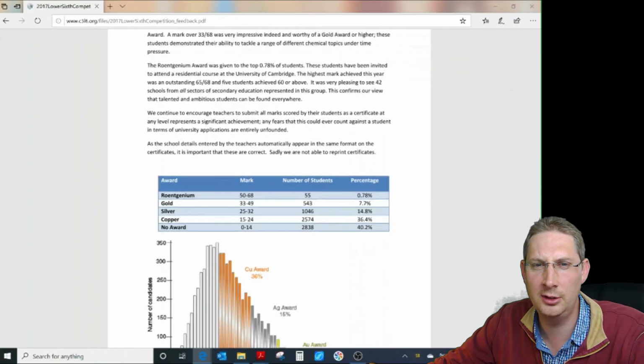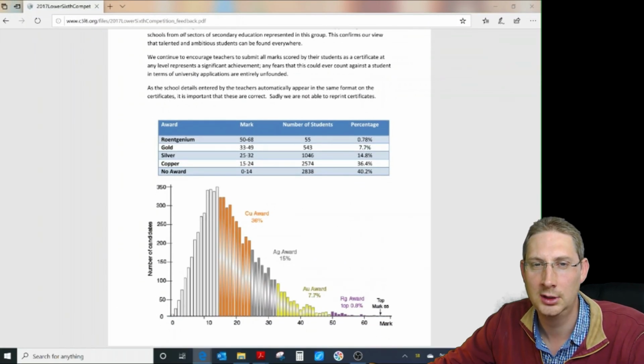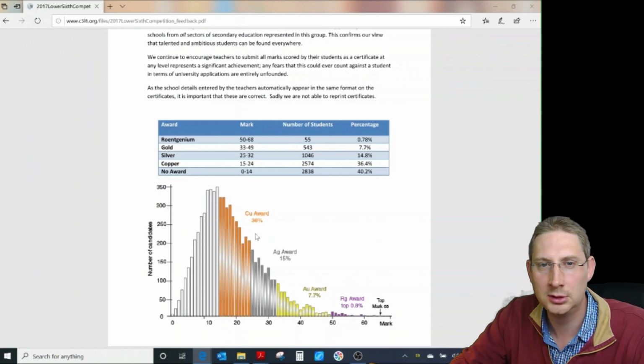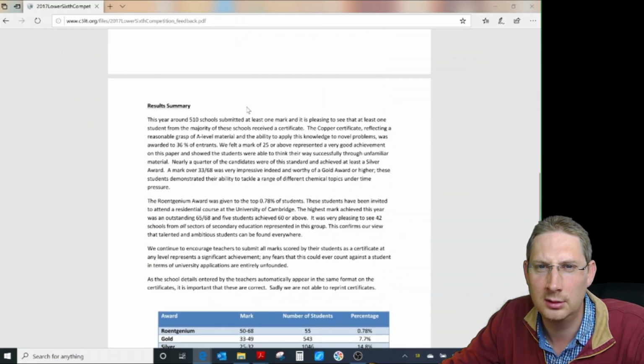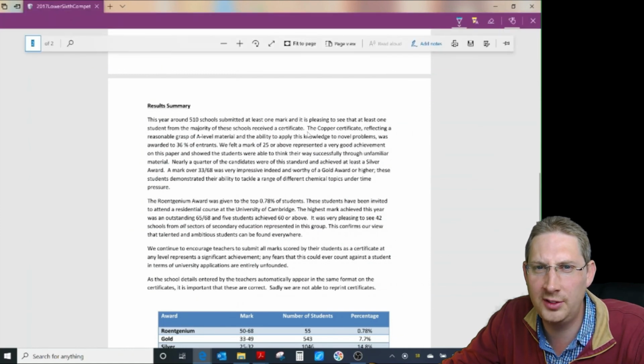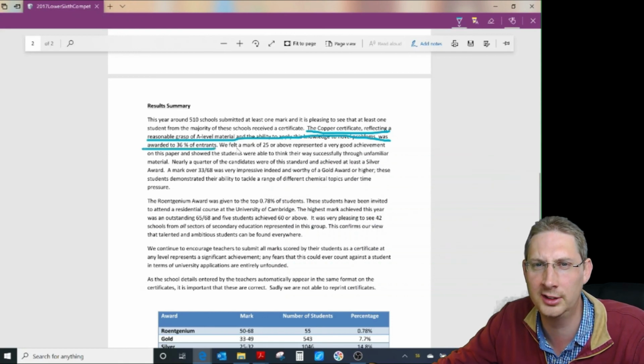Okay, here we go. So if we have a look here, this was the breakdown. It says a copper certificate, reflecting a reasonable grasp of A-level material and the ability to apply this knowledge to a novel problem, was awarded to 36% of entrants.